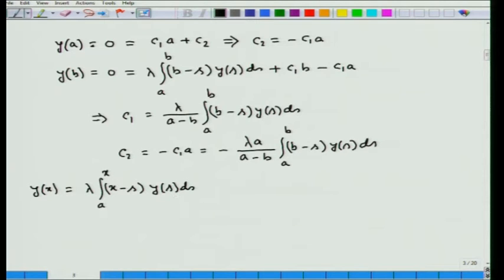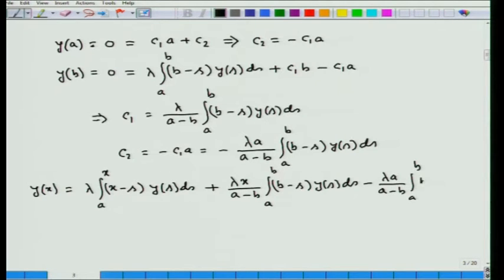This is the first part. Then for c1 x we have lambda x divided by (a minus b) times the integral from a to b of (b minus s) y(s) ds, and then minus lambda a divided by (a minus b) times the integral from a to b of (b minus s) y(s) ds.